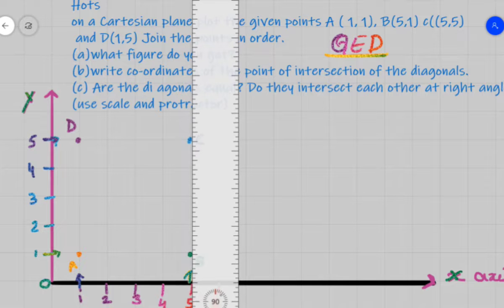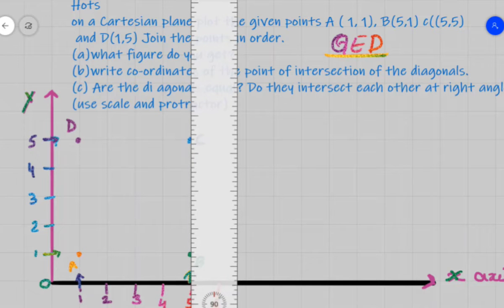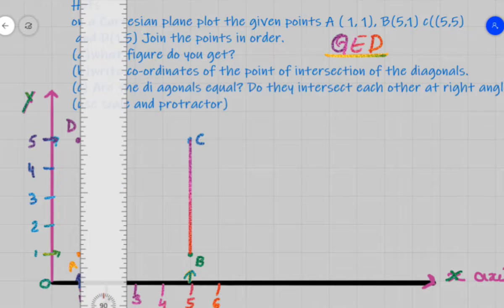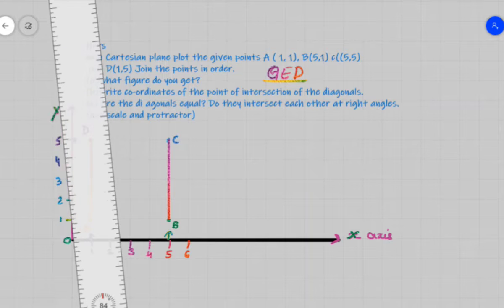Let us join first this B and C. Okay, let me join B and C. And then let me join A and D also. Now let us turn the scale.